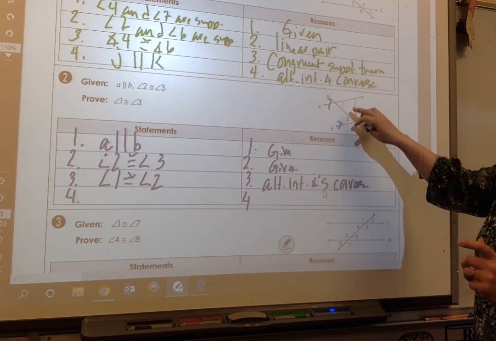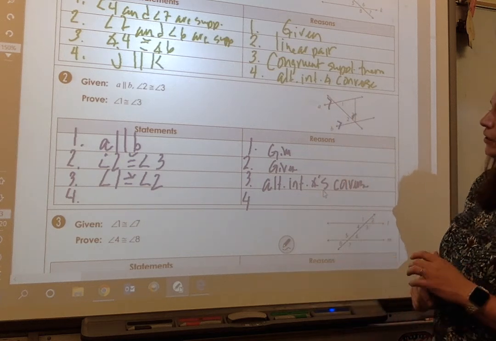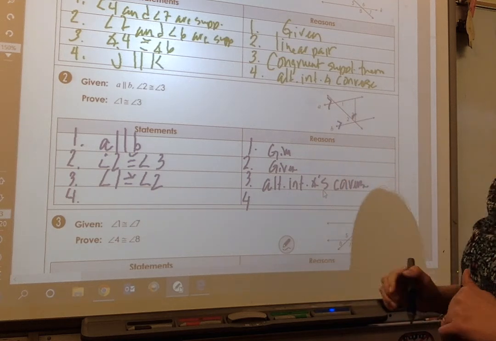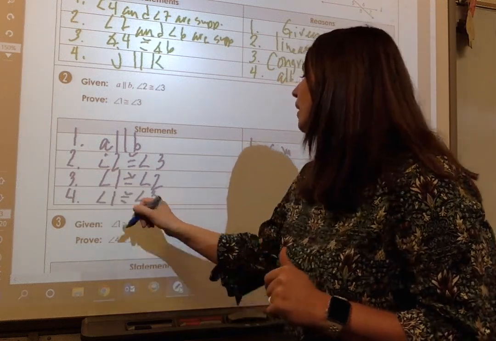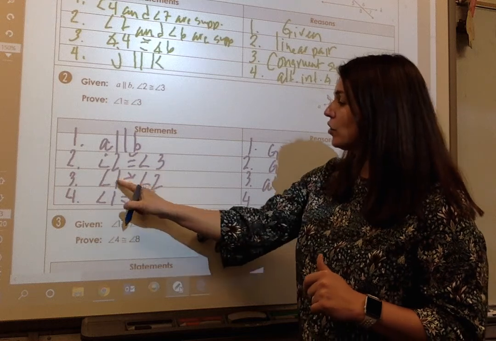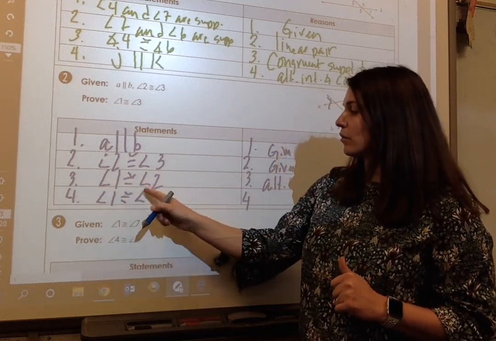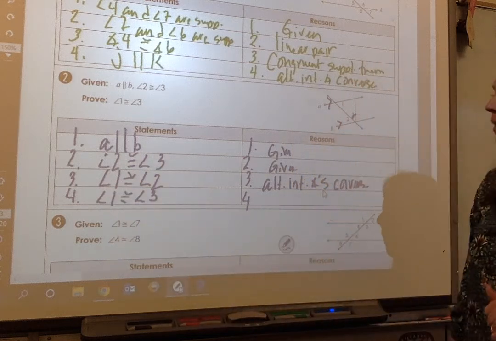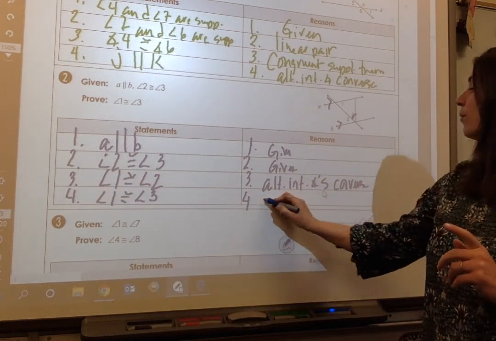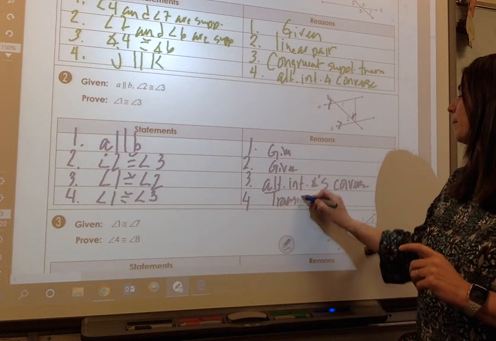Because they're parallel, then they are congruent. And now I can say that angle 1 is congruent to angle 3 because of the transitive property. If angle 1 is congruent to 2 and angle 2 is congruent to angle 3, then I can swap the middleman, make it angle 1 congruent to angle 3, transitive property.